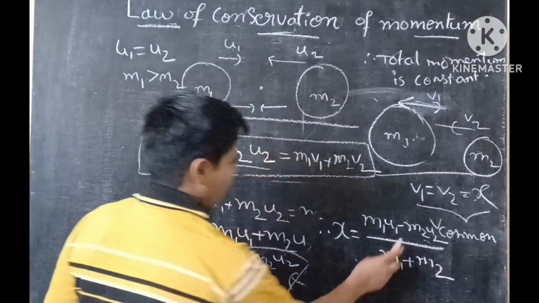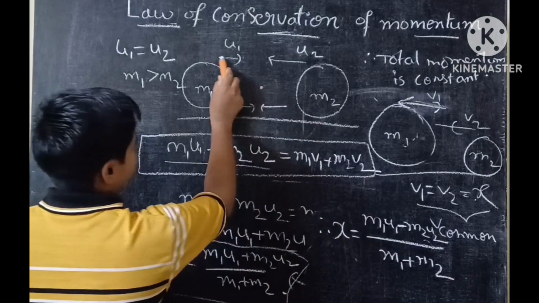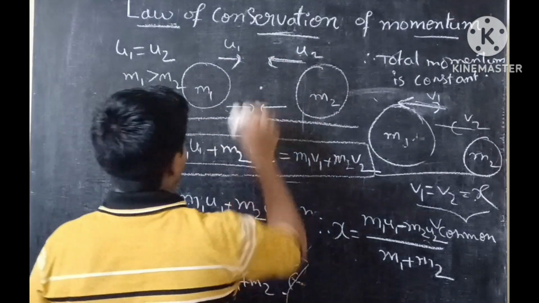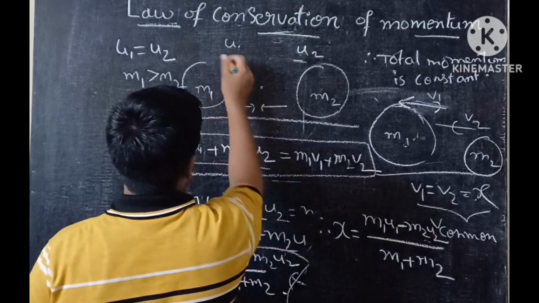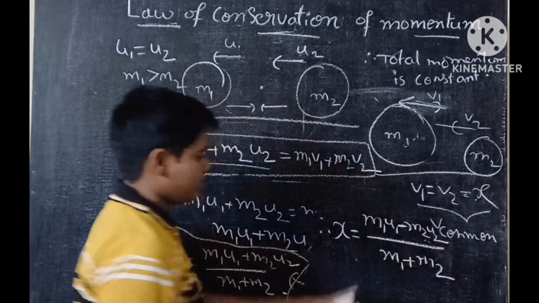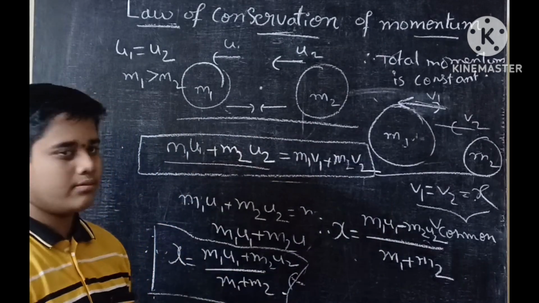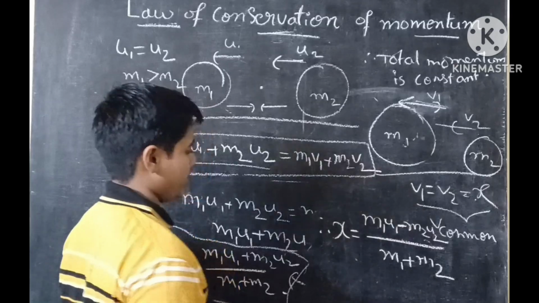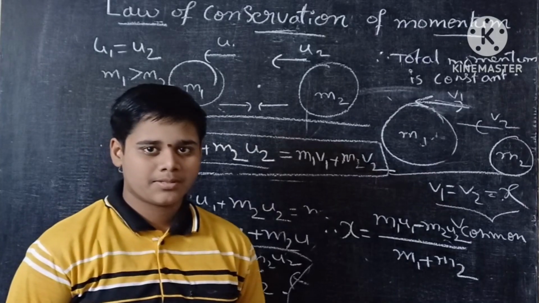Here this is minus because in the before case we take opposite directions. Like this, if we take, the formula is this. So this is the common velocity, and we will do some problems in the next video.